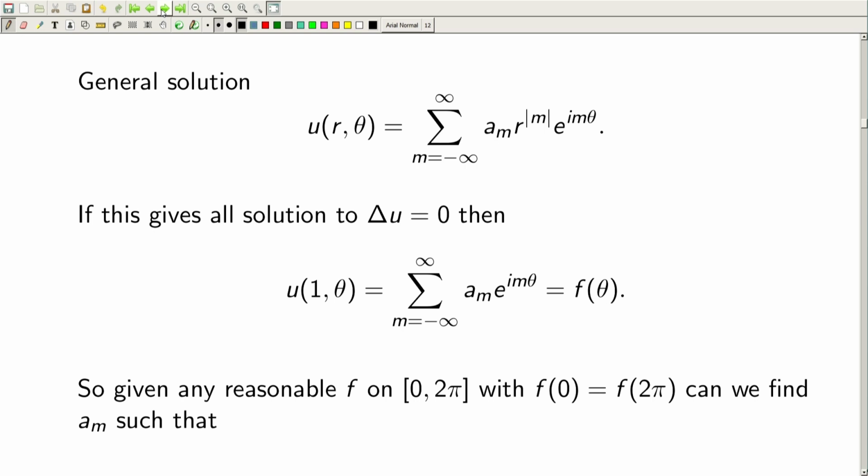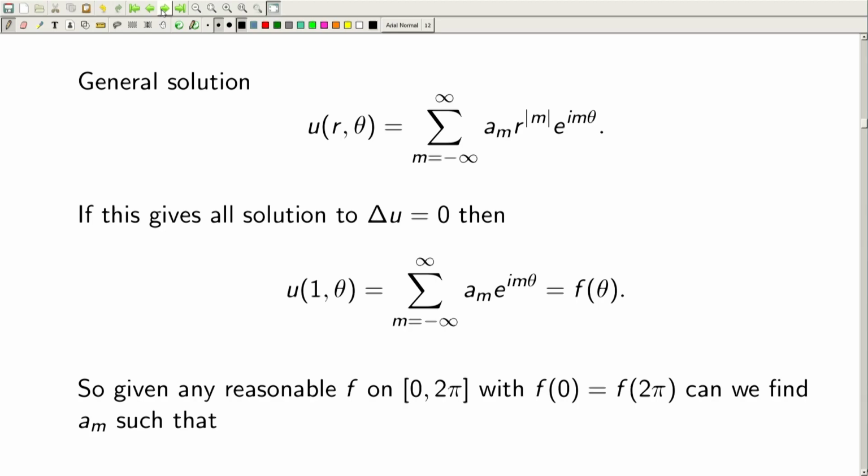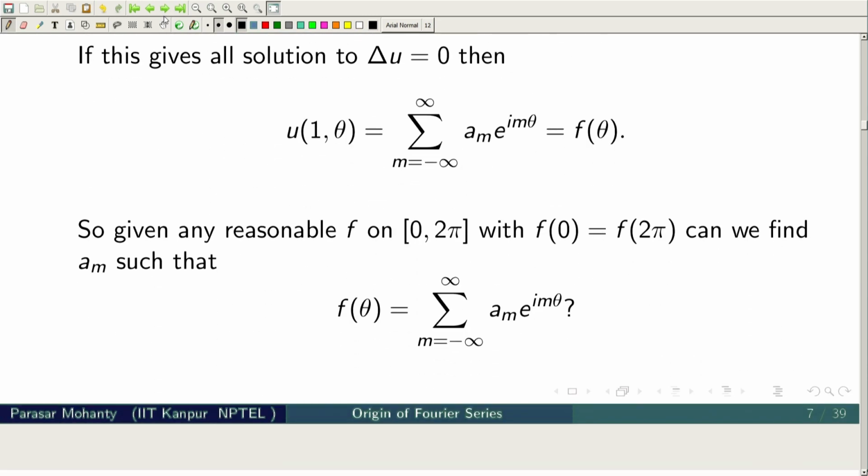So, given any reasonable f on 0 to 2 pi, with f(0) equal to f(2 pi), that means we are talking about a 2 pi periodic function. Now the question comes: can we find a_m such that f(theta) equals the sum of a_m e^(i m theta)?